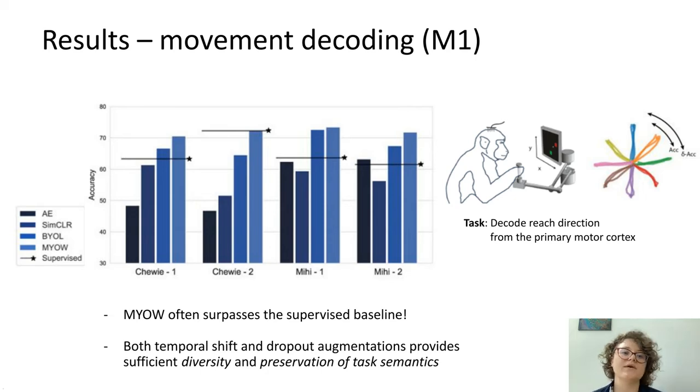So we're using this decoding task as a way of understanding how well the reach direction in this case is already being embedded within the representations of the neural activity. So each group of bars is a different data set. We have 2 different days from 2 individuals, so Chewie and Mihi, and we're comparing with an autoencoder and SimCLR, BYOL, so other SSL methods.